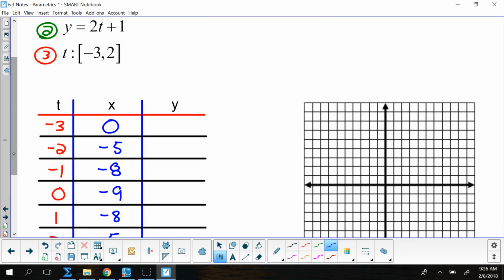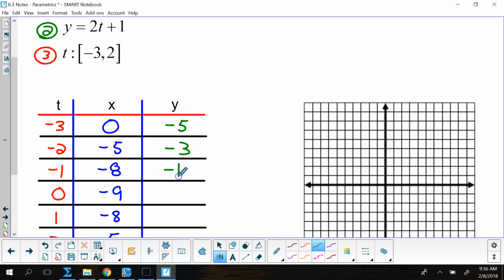Now I'm going to switch to my y values. I'm going to put negative 3 in for t in my y function. So what do I get? Negative 3 times 2 is negative 6, plus 1 is negative 5. Plug in negative 2. Negative 3. Plug in negative 1.